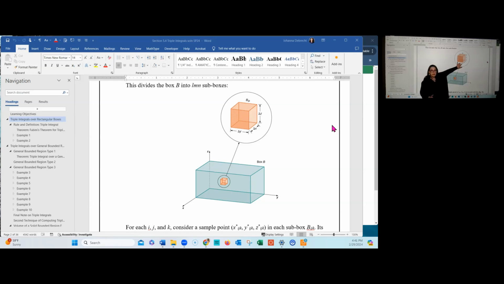And the measure of the sub-box is delta x, delta y, delta z. And this would be our ijkth sub-box.